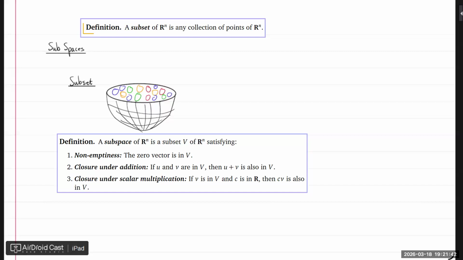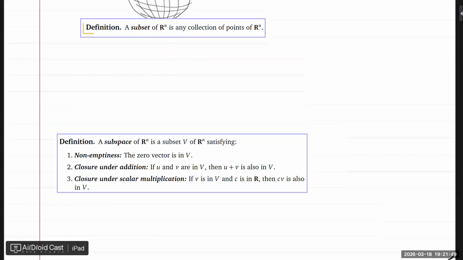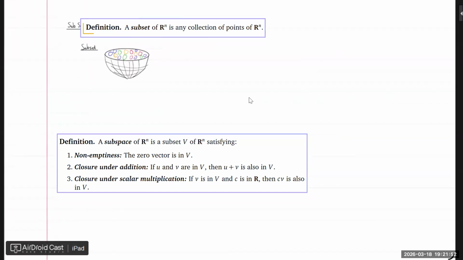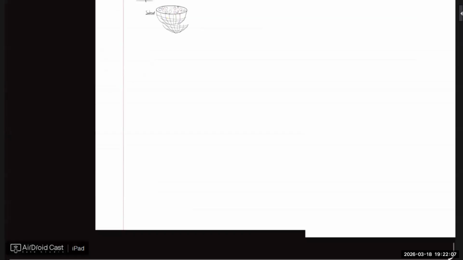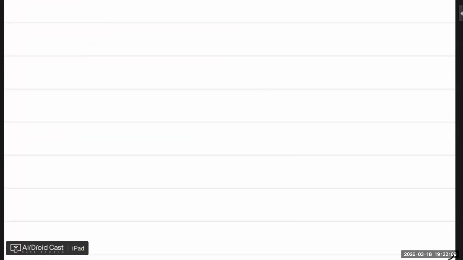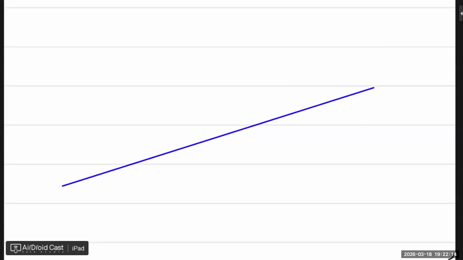So, for instance, let's have a look at this. Let's say I have a line. Here's a line that I'm interested in, and it goes through the origin.